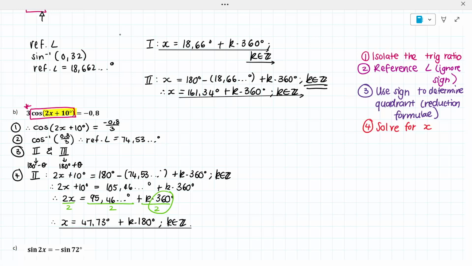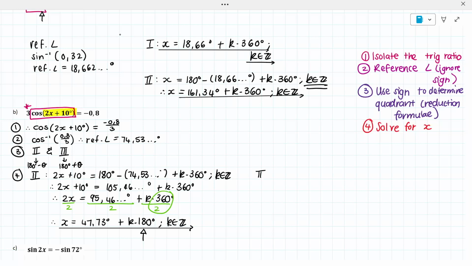Now, guys, that coefficient to x is really important. Remember, what that does is it changes the period. So if that coefficient is 2, 3, 4, whatever, what actually ends up happening is your graph actually happens much quicker. The cycle of your graph is much faster, which is why the period changes to 180.